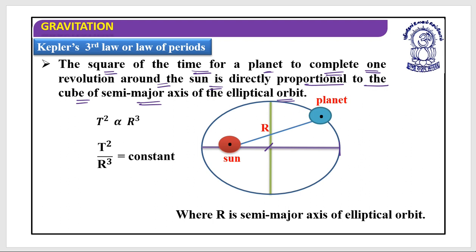This is what we call t square directly proportional to r cube, while t square by r cube is equal to a constant, where r is the semi-major axis of the elliptical orbit.